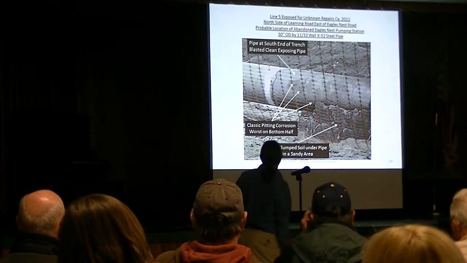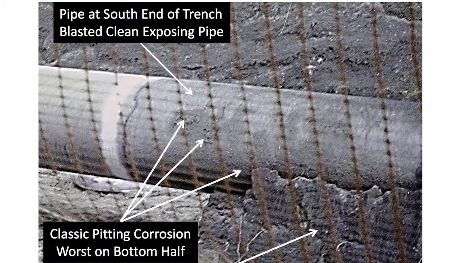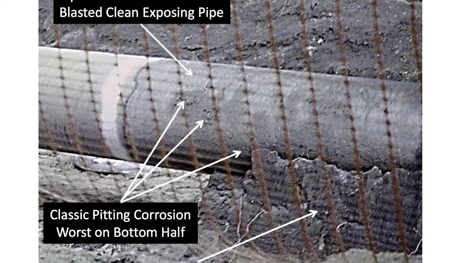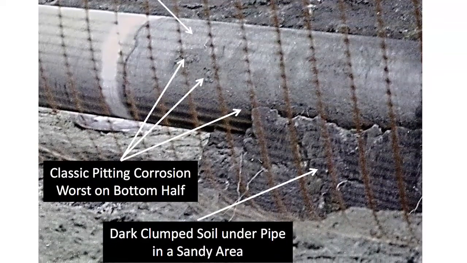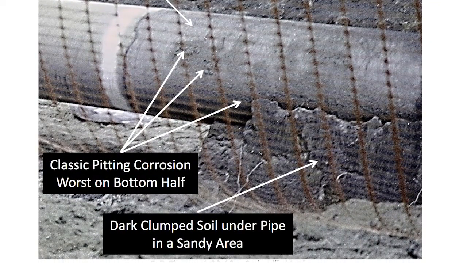Not going to say anything about that. This pipe seems to be, to me, in exactly the shape that a corrosion engineer would expect a 62-year-old pipe to be in. Another thing that's very interesting, when you look at all these pictures, is there's some very dark, clumpy soil under the pipe. It appears to be oil. I can't say that for sure.